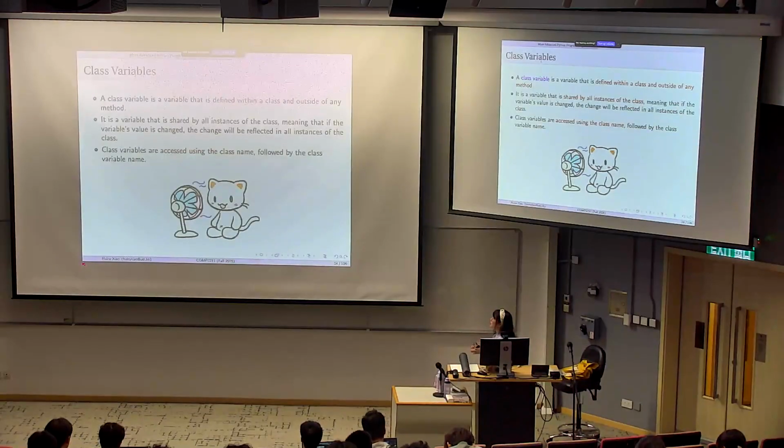That means if the variable's value is changed, the change will be reflected in all instances of the class. And class variables are accessed using the class name instead of the object name, followed by the class variable name. So let's see a concrete example so that you can understand what I'm talking about.